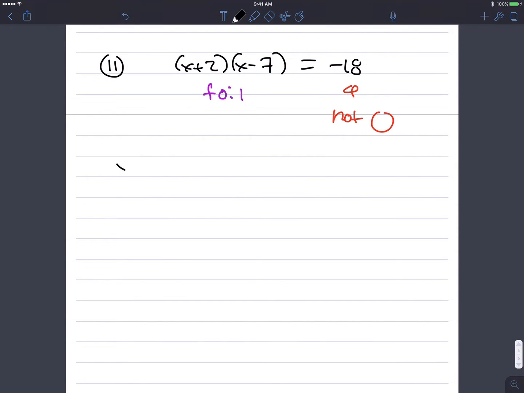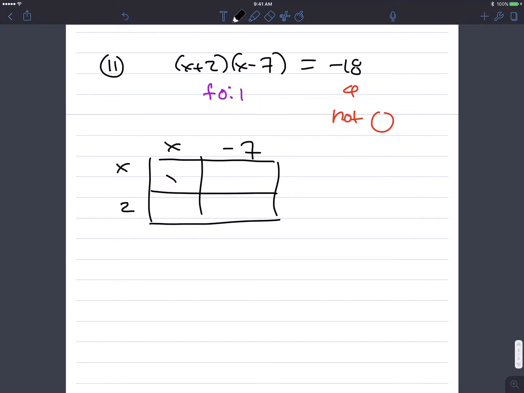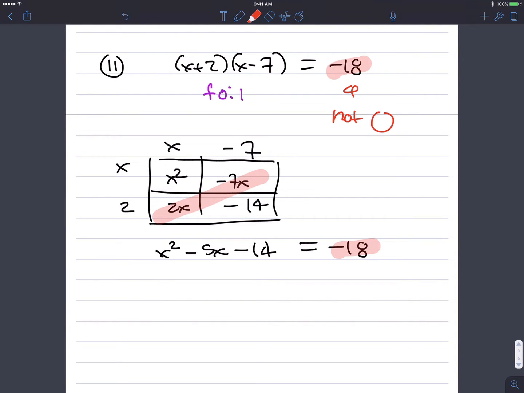So we need a FOIL box. x and 2, x and negative 7. x squared minus 7x, 2x, minus 14. My diagonals we can combine, and we get x squared minus 5x minus 14, and then that equals negative 18. Right? We didn't do anything with this number at all. But we are now.